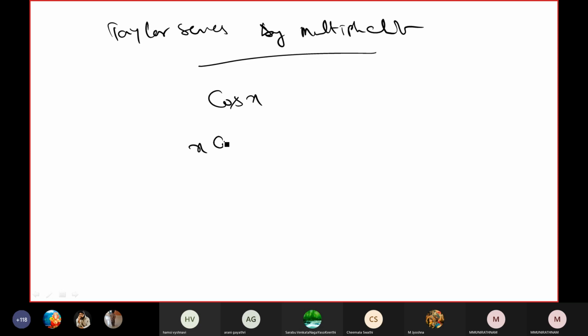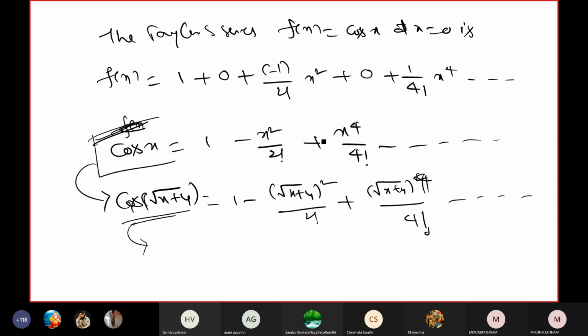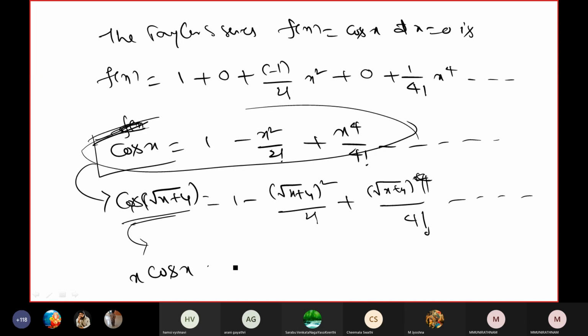If you want the Taylor series of x cos x, x square cos x, cos x by x, cos x by x square, cos x by x power 5, then x cos x means the whole thing multiplied with x.